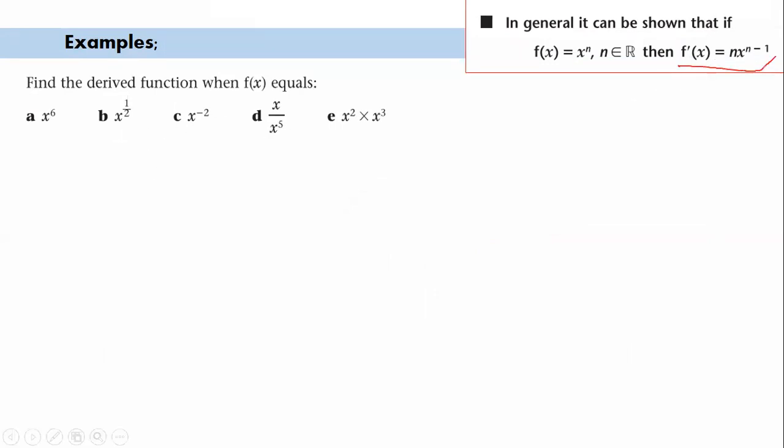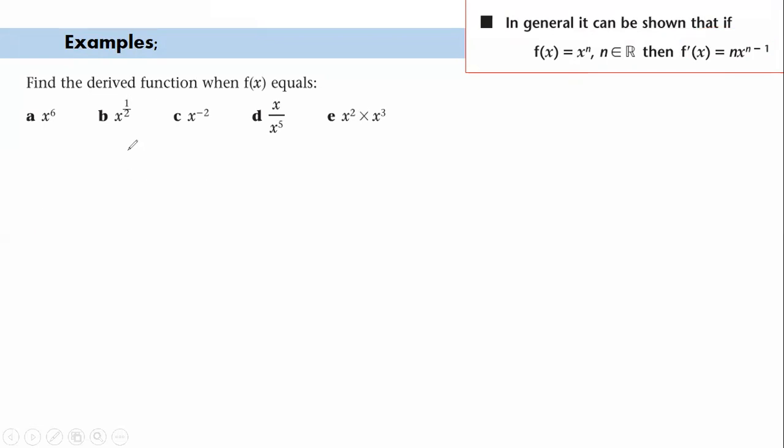We apply f'(x) equals n x to the power n minus 1, which gives us 6 times x to the power 6 minus 1, which simplifies to 6 times x to the power 5.